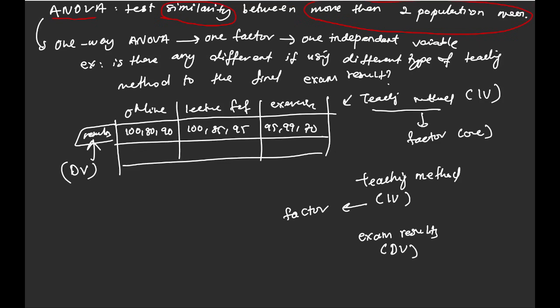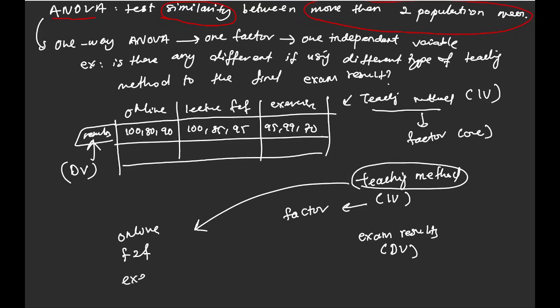In teaching method here there are 3 teaching methods, which are online, face-to-face lecture, and exercise. So these 3 teaching methods we call treatments, denoted by K. First you need to define what your independent variable is: teaching method.